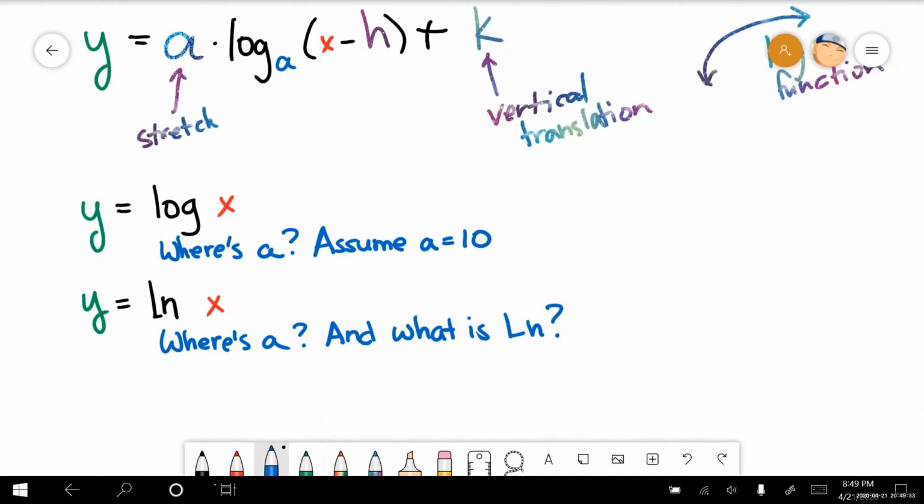So here's the answer to those very great questions that you've just asked me. Let's start with the question of what is ln, right? What on earth is ln? ln is the natural log. Okay, so in the video about exponentials, we talked about e, e being the irrational number that usually is associated with things happening naturally, not necessarily in nature, but things that happen in real life.